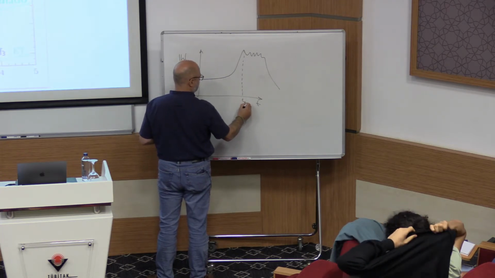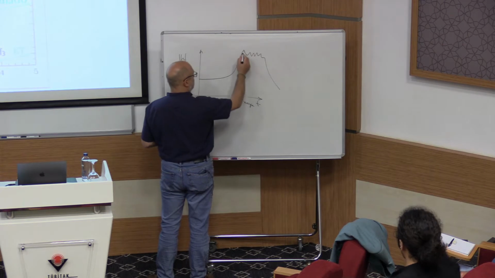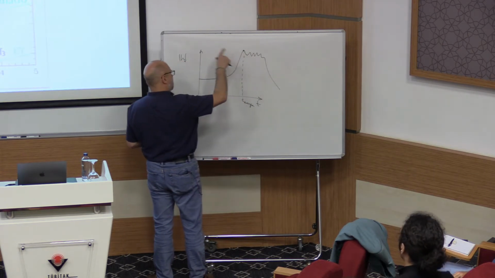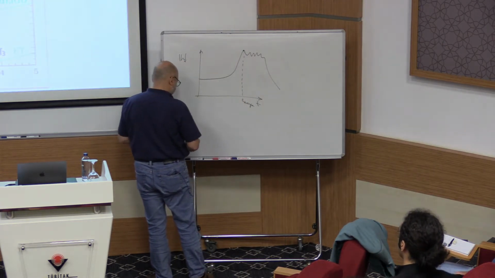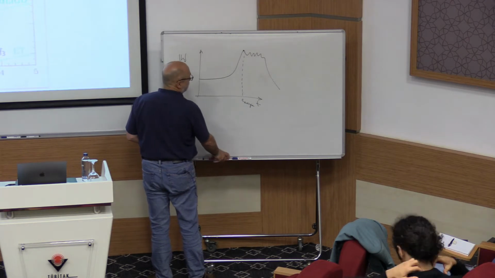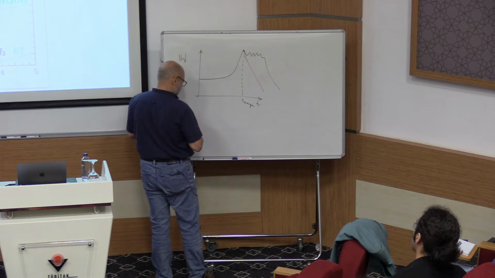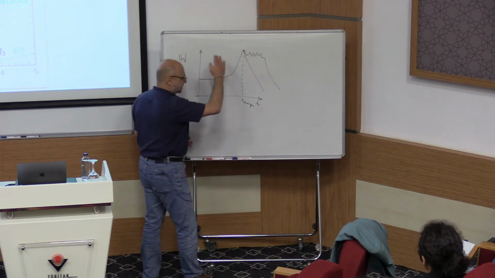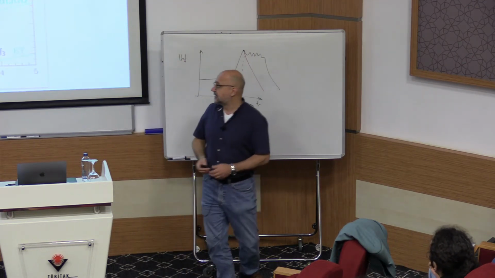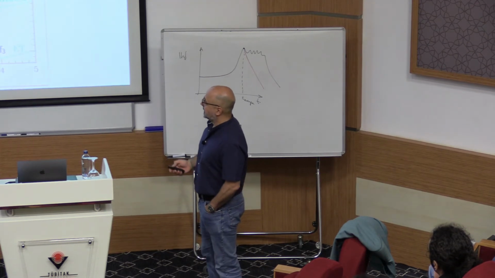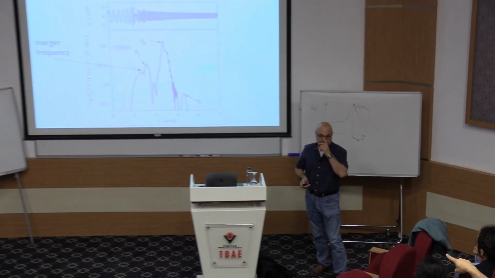So this is merger. It's the time when the signal has a first peak. In the case of black holes, you would have something like that. After the merger, the amplitude goes down exponentially.